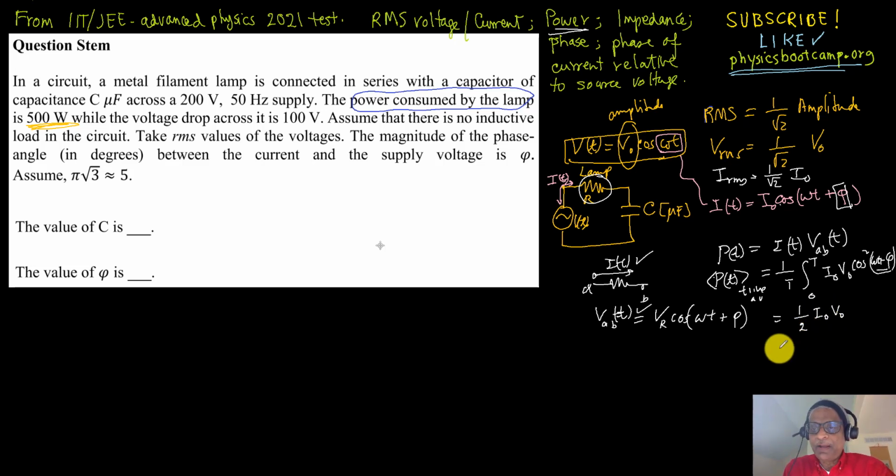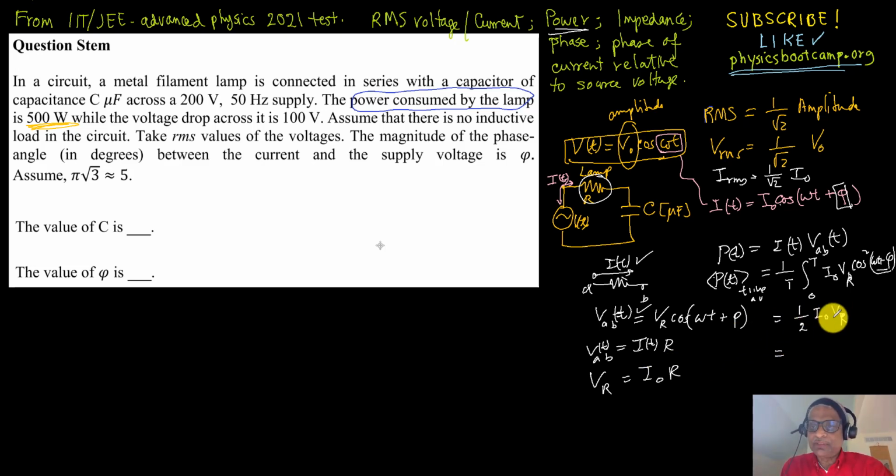So if I want to write it like IV, you can see the relationship: VAB in terms of time is I of t times the resistor, and the cosine will cancel out. So VR equals I0 R.